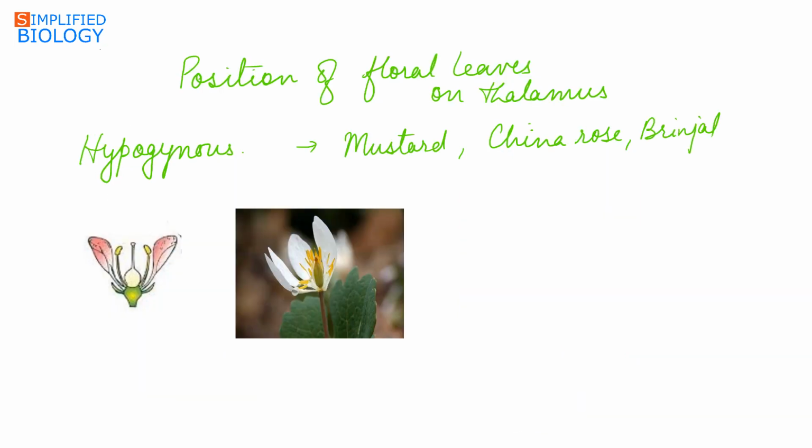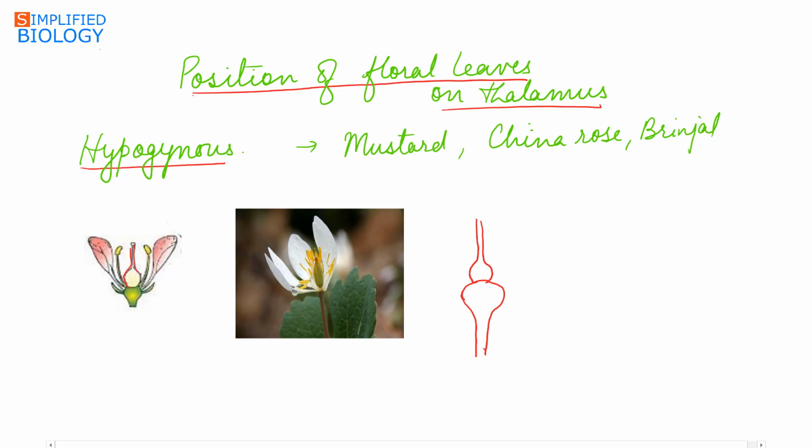And last, the position of floral leaves on the thalamus. First is hypogyny. In hypogyny, the thalamus, that is the top of the pedicel, is somewhat a dome-shaped structure, with the topmost position of the thalamus being occupied by the pistil or carpel, as seen here, while the other whorls lie lower down.